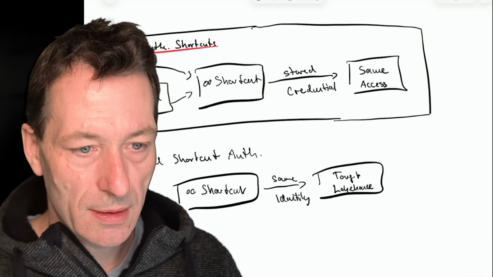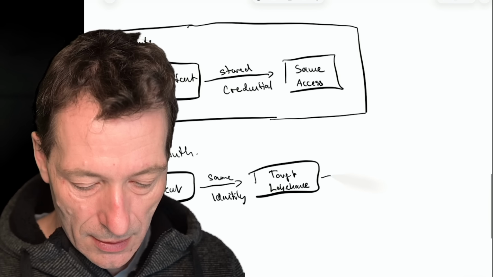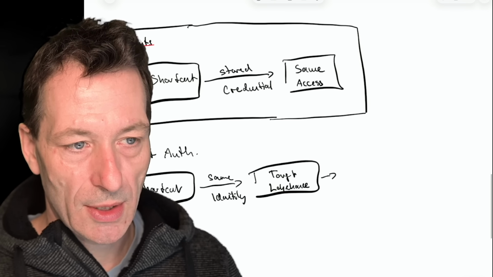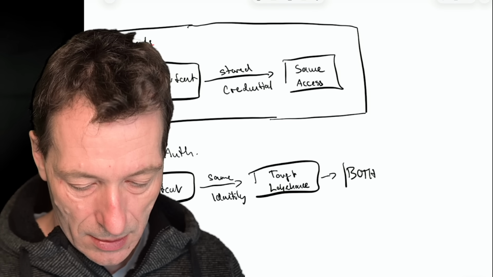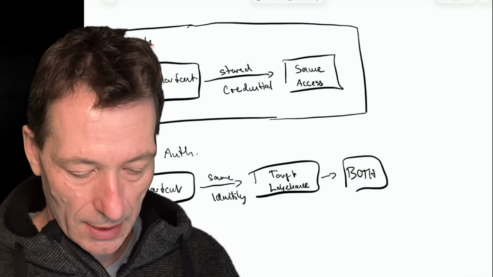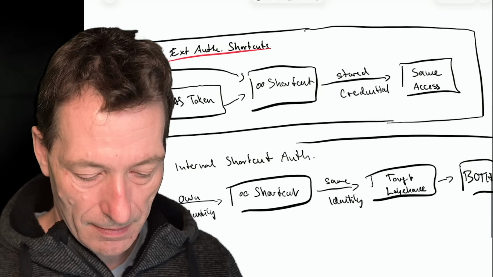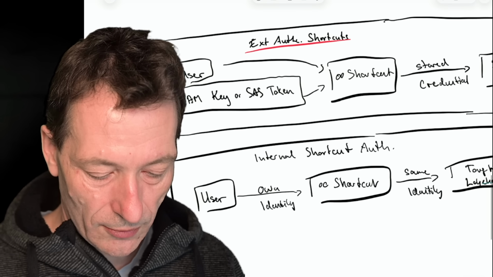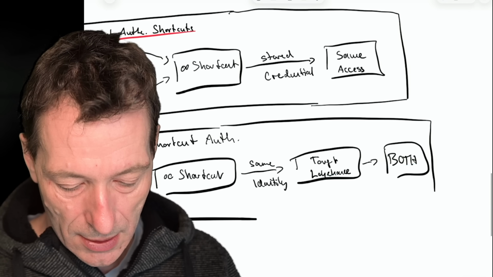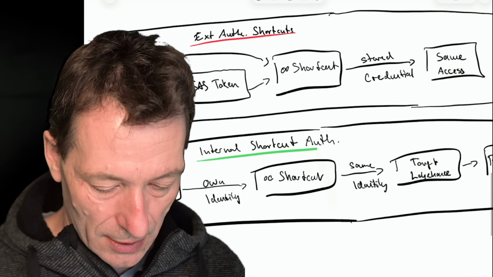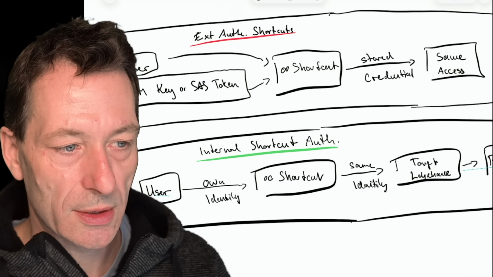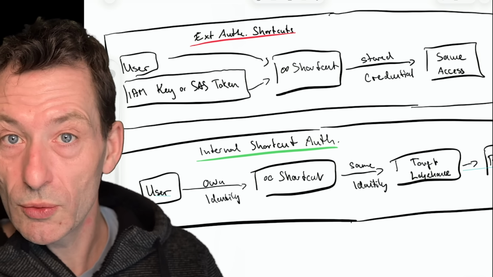Which means in the end, the user must have access to both the source Lakehouse and the target Lakehouse. This is the story for internal authorization for shortcuts. Why do we have different models?